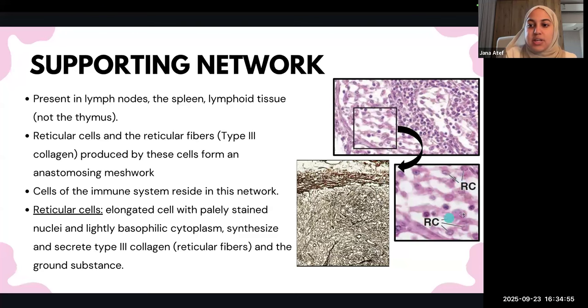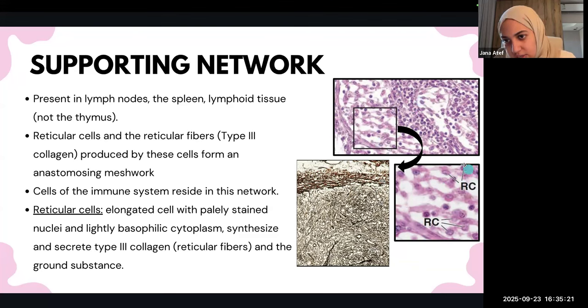It has palely stained nuclei. It's not that eosinophilic. And it has lightly basophilic cytoplasm. Basically it makes the type 3 collagen, which is the reticular fibers. These are reticular cells. Just be able to identify them. If you see a picture like this in the OSP, honestly guys, it's not that clear why it is a reticular cell, but this is one of the things that you just need to be able to identify.